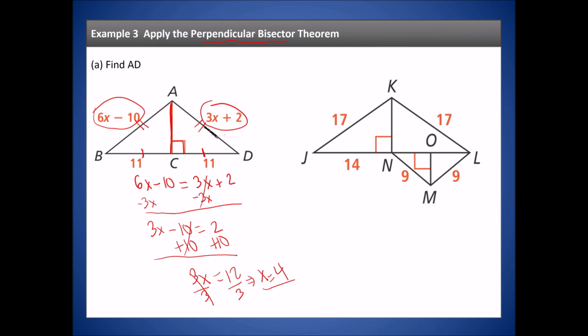So now that we got x, we can go ahead and substitute that in to find AD. So we're interested in this side right here. So we're going to plug 4 into this side. And so we know that AD equals 3 times x, which is now 4, plus 2, so 3 times 4 plus 2, so AD is 14.